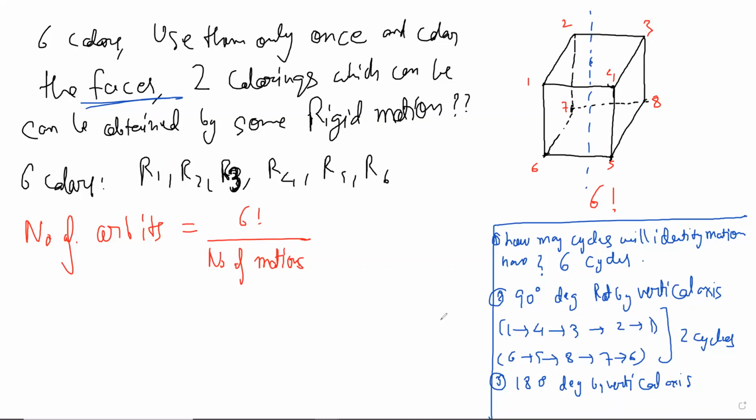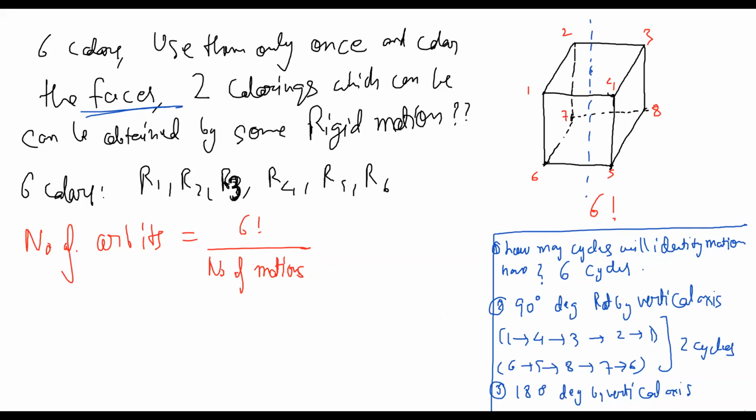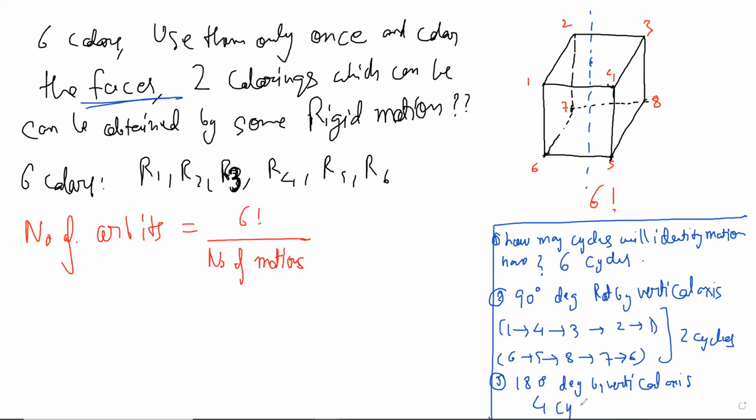Right. So that's one cycle. 4 will go to 2. That's another cycle. That's right. 4 cycles. And similarly, you can see that the 270-degree rotation, I guess, will also give 2 cycles.